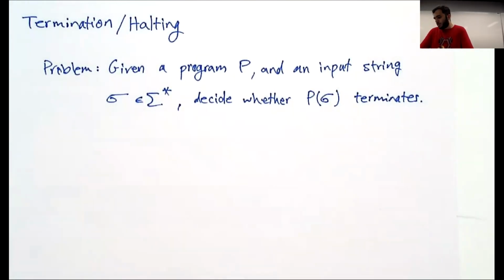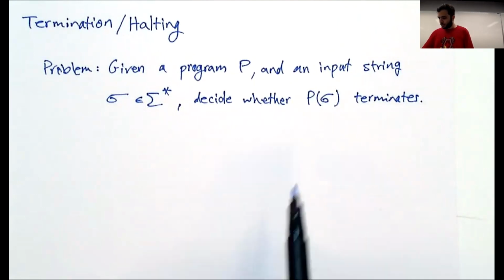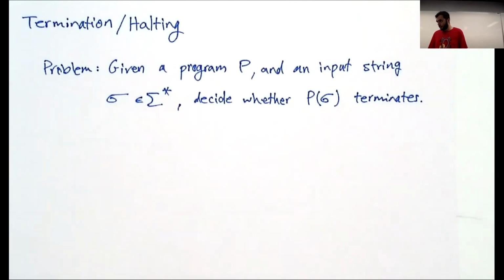And let's also assume that P is just a Turing machine or any other program. So if P is deterministic, then when I fix some input sigma, P of sigma is basically just one run of the program. So we are talking about a single execution, and what we're asking is: is this single execution finite or infinite?